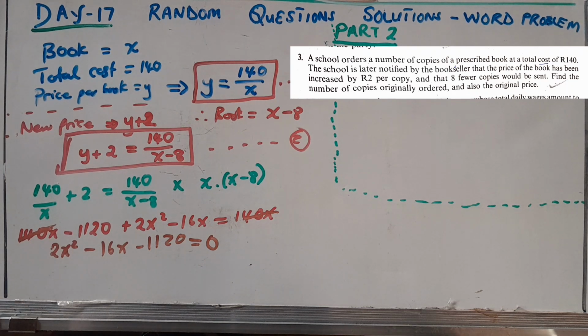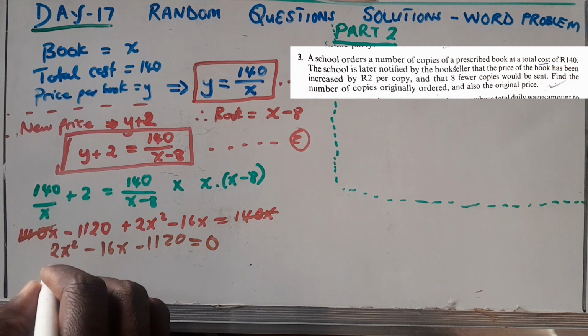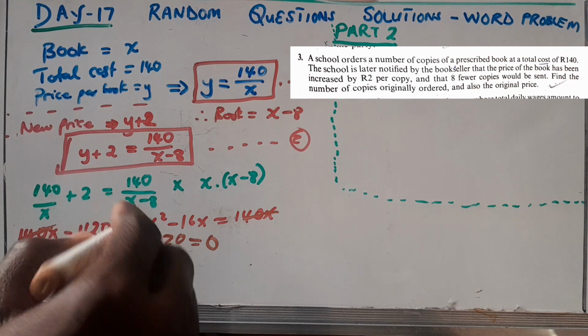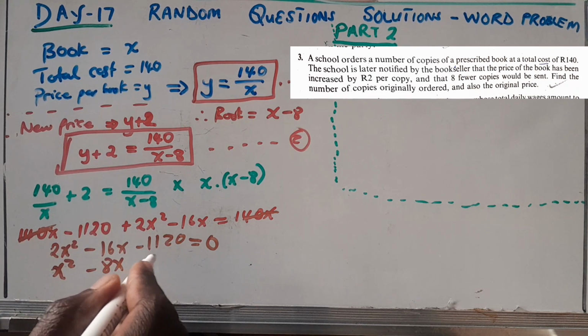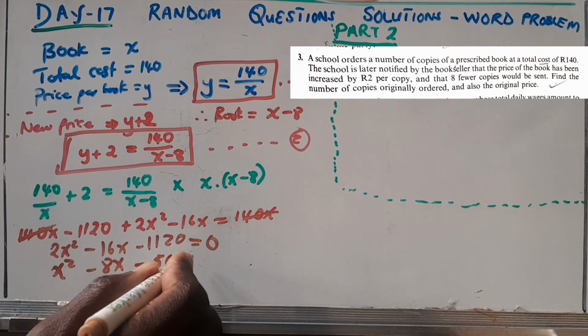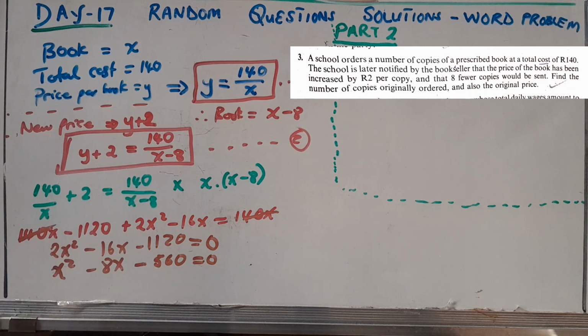But still we can see that we have a common factor, which is 2. We can divide by that. So x squared minus 8x minus 560 will be equal to 0.